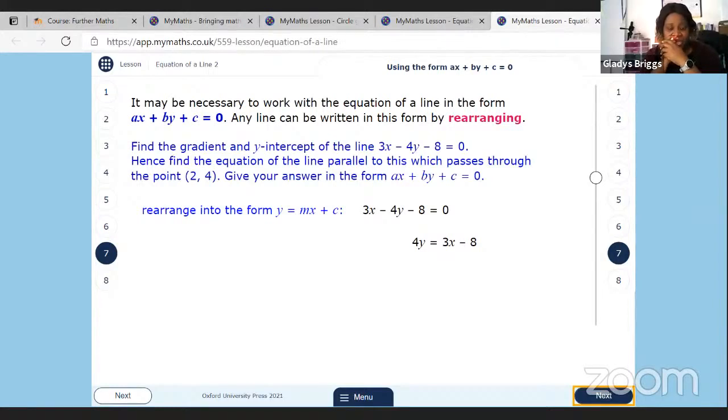And of the line, y is equal to this. Find the equation of the line parallel. No, rearrange in the form. Yeah, that's what I did. Oh, I know what happened. I've seen the mistake. Let's go back to that problem.